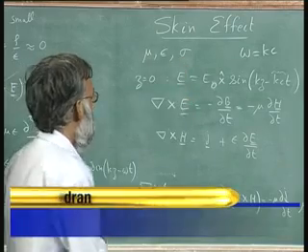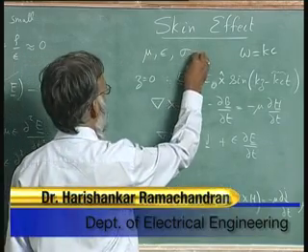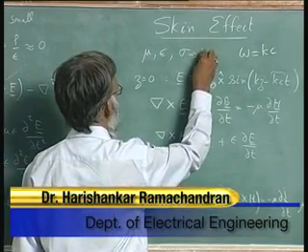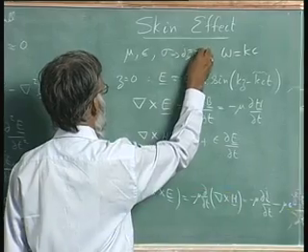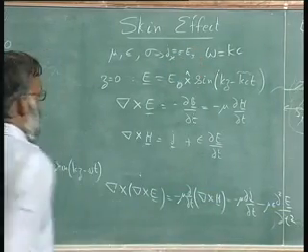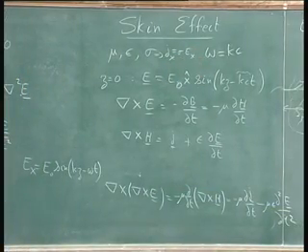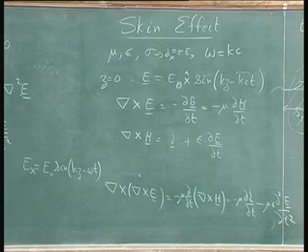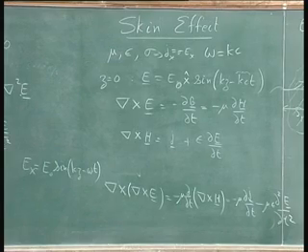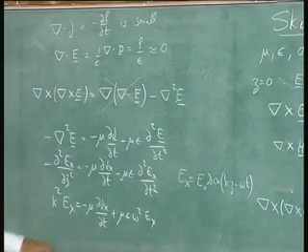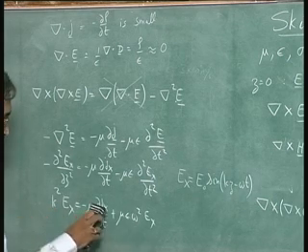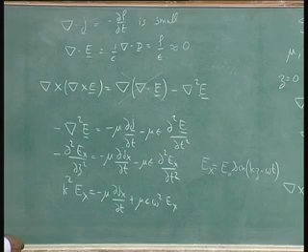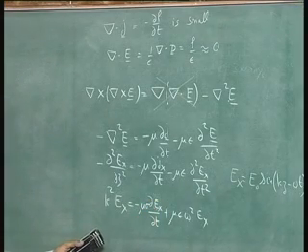If conductivity is present, then I know this implies Jx is equal to sigma Ex. So I substitute that in here. I can replace Jx by sigma Ex. So, mu sigma del Ex del t.